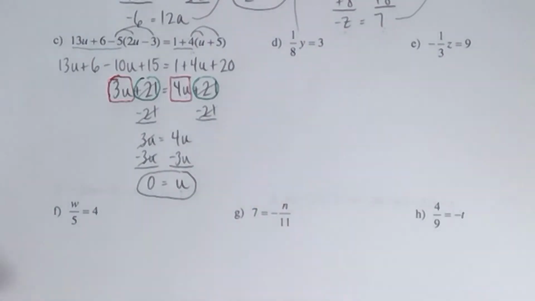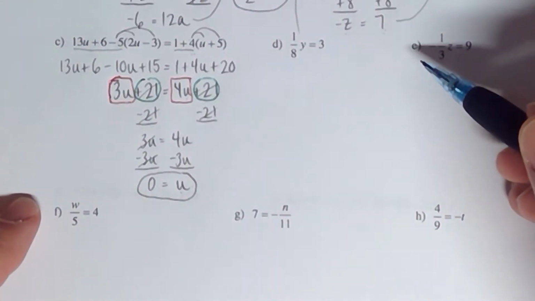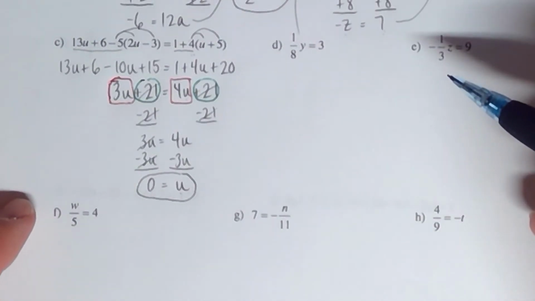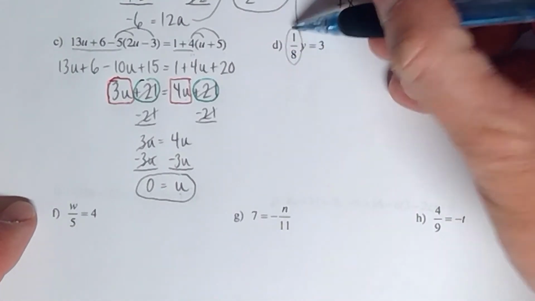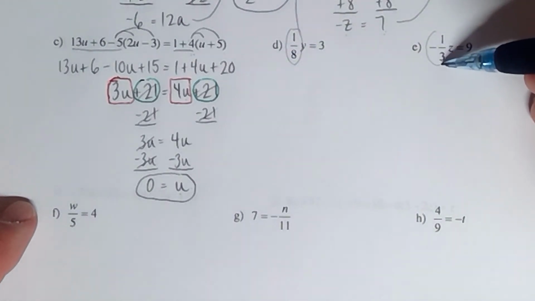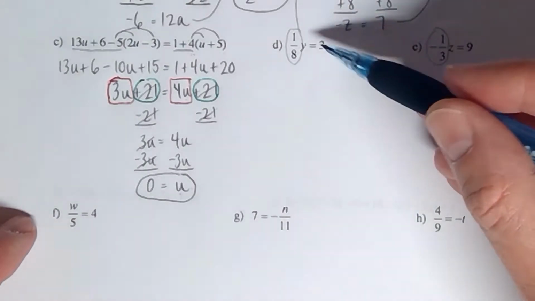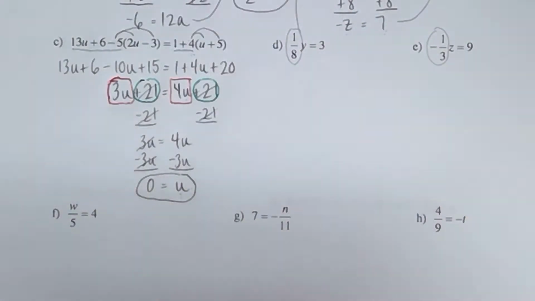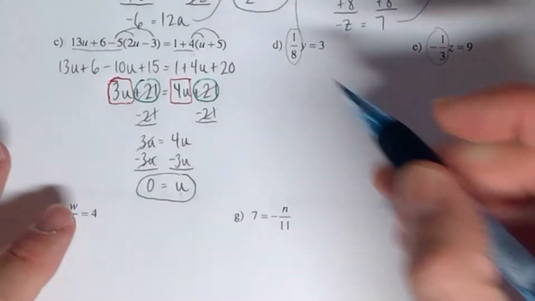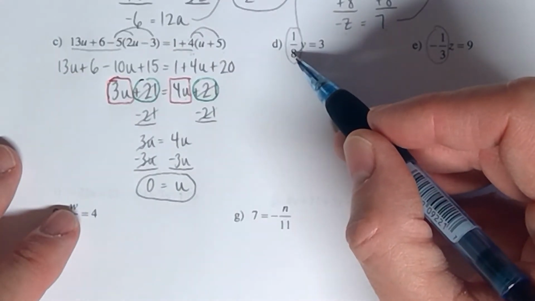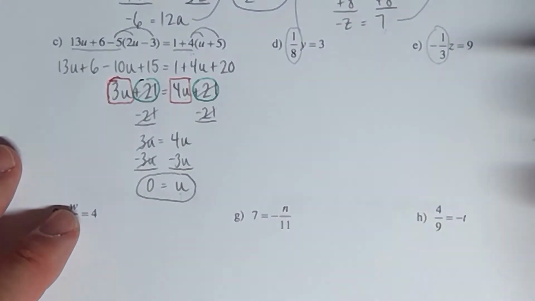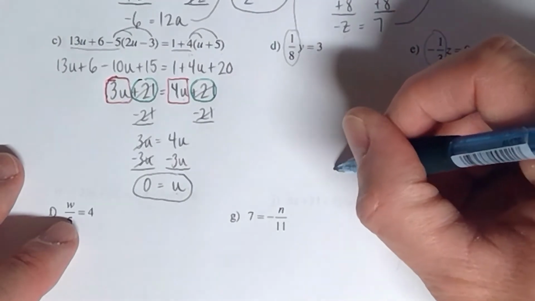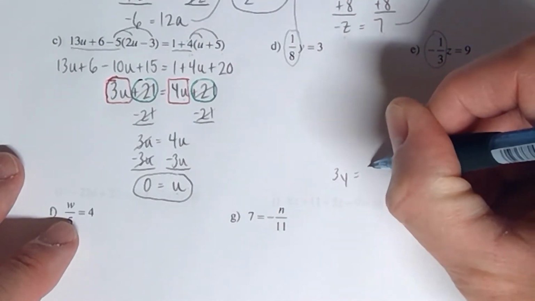But what I want you to realize here on the first couple of problems is that because the fractions in the problem do not have a variable in them, okay, there's a variable behind the fraction, but the variable's not inside of the fraction. That's a big difference, okay? So what I want you to realize is that when you have a fraction that doesn't have a variable in it, it's no different as far as what you do than a problem like this right here.